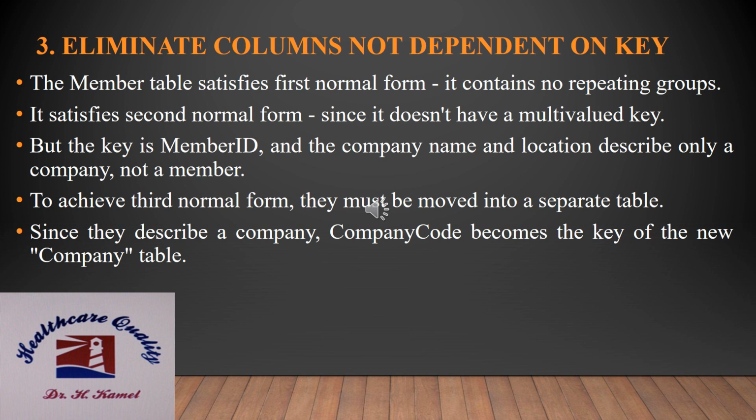But the key is member ID, and the company name and location describe only a company, not a member. To achieve third normal form, they must be moved into a separate table. Since they describe a company, company code becomes the key of the new company table.